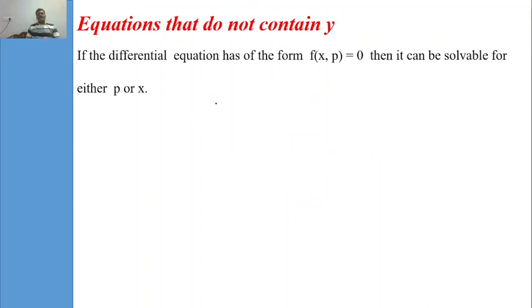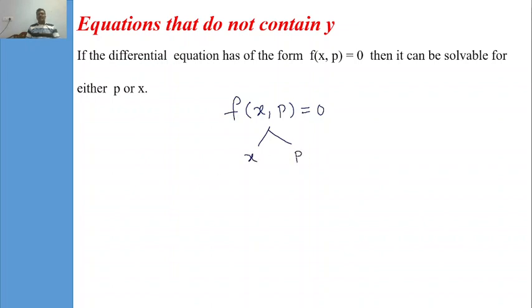Now, equations that do not contain y. That means the given differential equation consists of only x and p terms. So the given differential equation is of the form f of x comma p equal to 0. It can be solvable for either x or p.